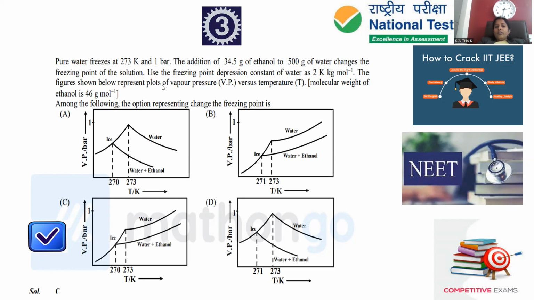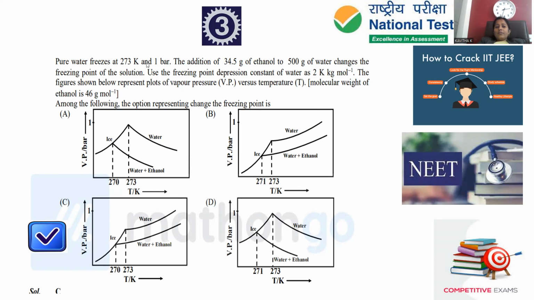The figure shown below represents plots of vapor pressure versus temperature, with vapor pressure on the y-axis and temperature on the x-axis. The molecular weight of ethanol is also given for your convenience, that is 46 gram per mole.